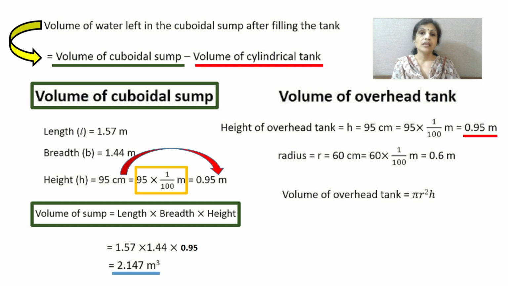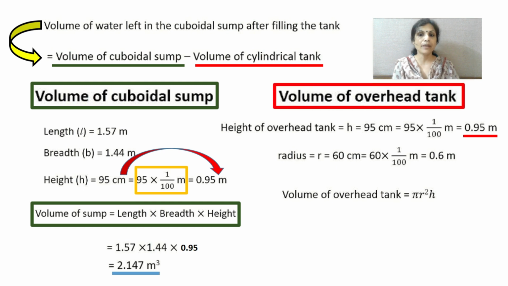Alright, now the volume of the overhead tank which is cylindrical in shape. For that we are given the height as 95 centimeter. So let's convert this into meter. When you convert this into meter, it is 0.95 meter. We are given the radius as 60 centimeter. So 60 into 1 upon 100 meter, that is 0.6 meter is the radius of the tank.